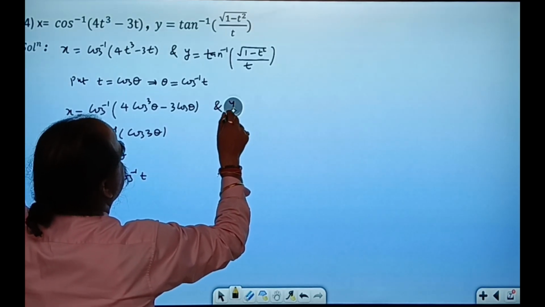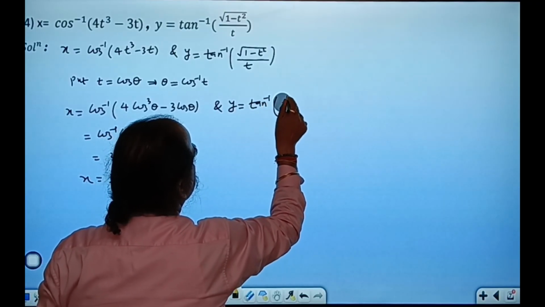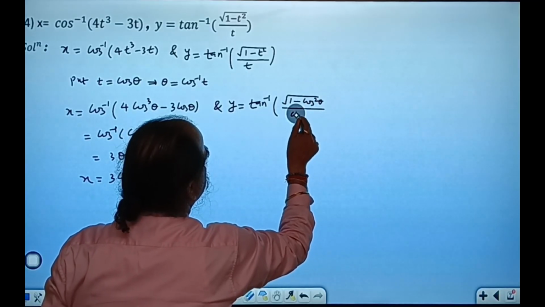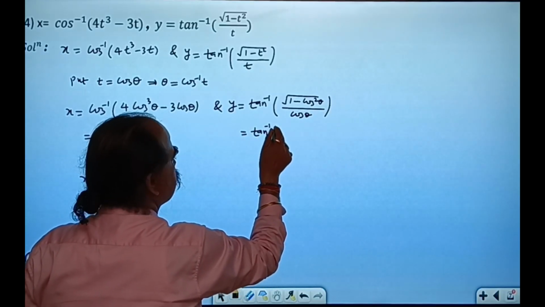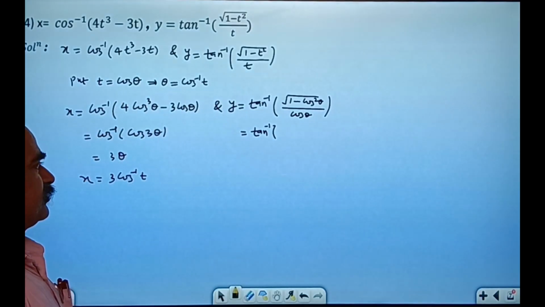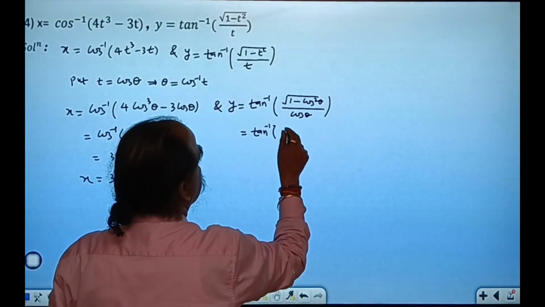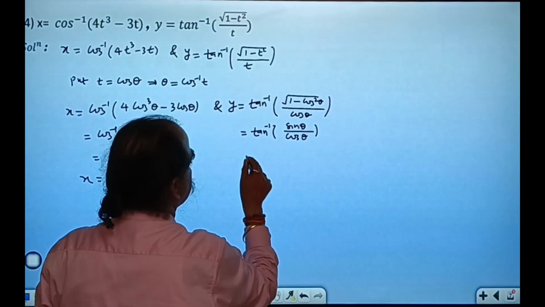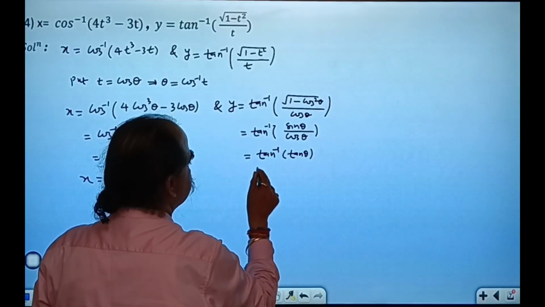And y will be what? Tan inverse of root 1 minus cos square theta upon cos theta. In this case, it is not required to substitute the same thing in both. But luckily here we are substituting. You can substitute different things also in both. Sin theta upon cos theta. Tan inverse tan theta will be what?